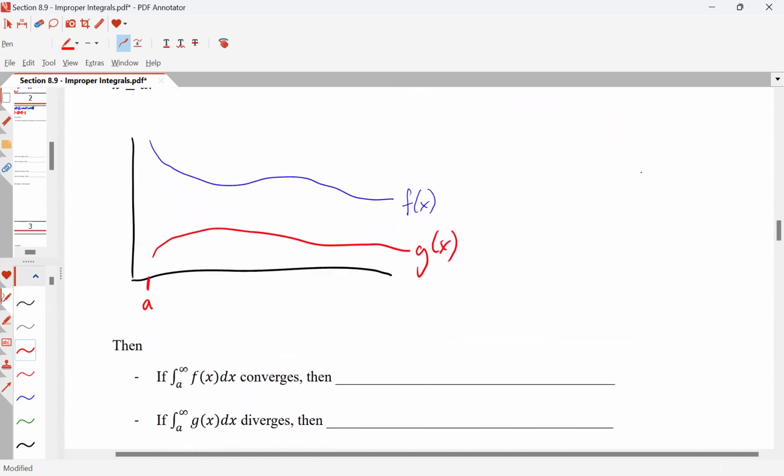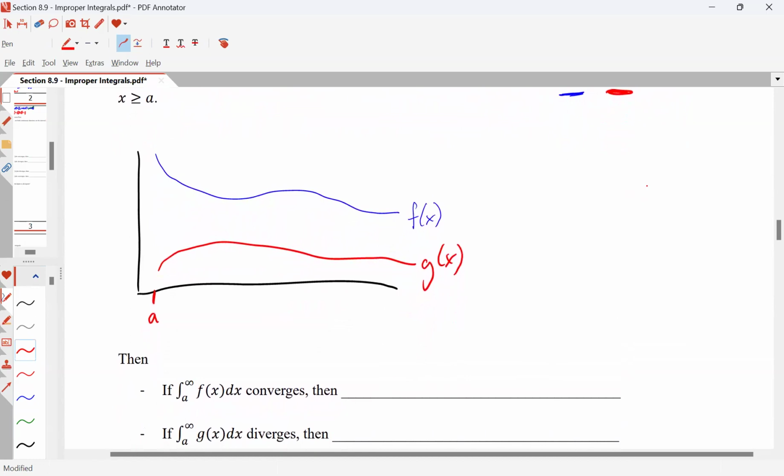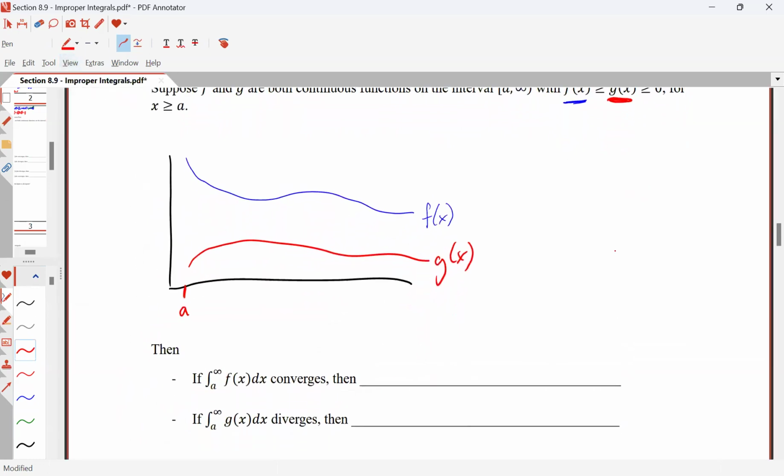Then, if the integral of f of x converges, so that means the integral from a to infinity of f of x dx comes out to be some number, that's what it means to converge. Then what we're saying is the area under this curve equals some number. g of x has a smaller area.